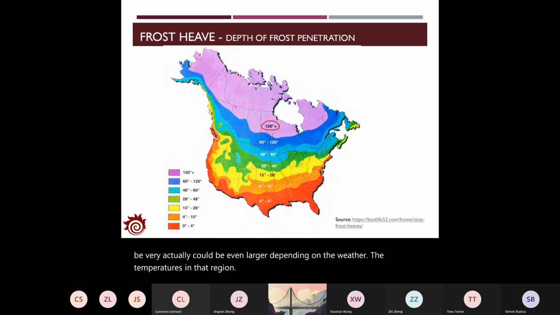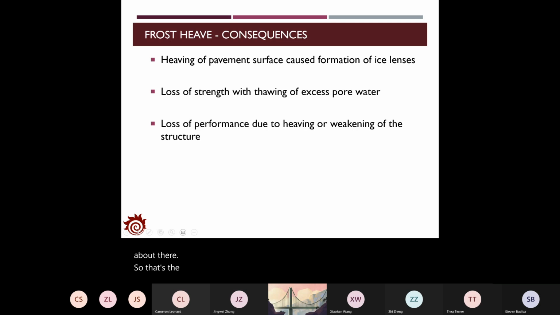And in the southern part of America, such as Florida and Texas, they may not have any frost penetration because the temperature will always be above 0. So that's the frost penetration, and it's another factor you have to consider.